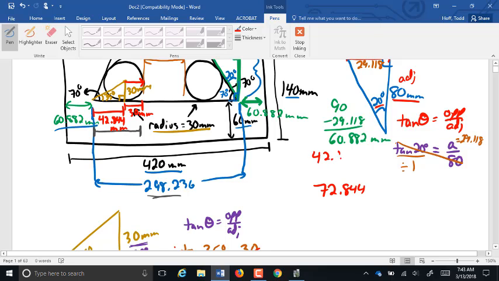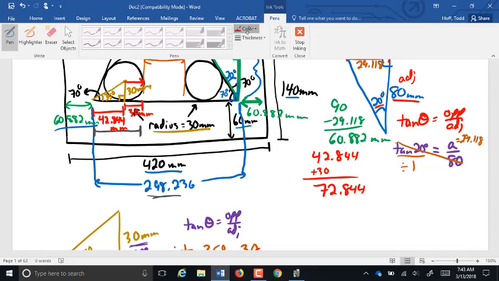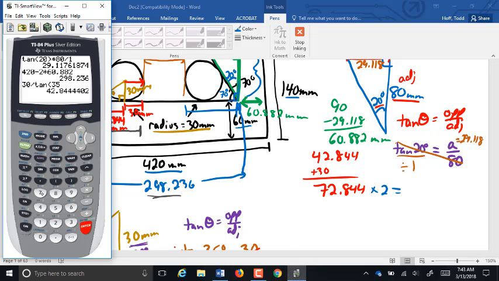That's the 42.844 plus that radius of 30. Now we have to multiply that by 2 because there's one over here. It's identical to it. Which gives us 145.688.